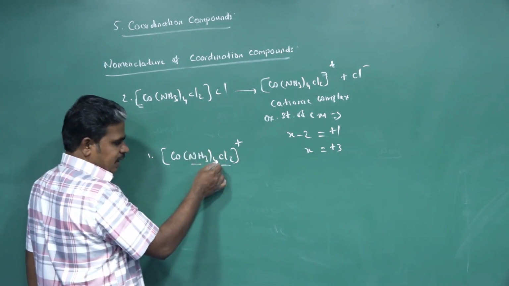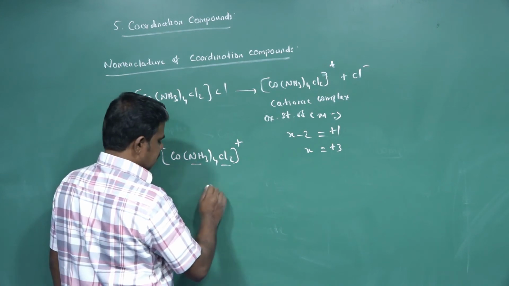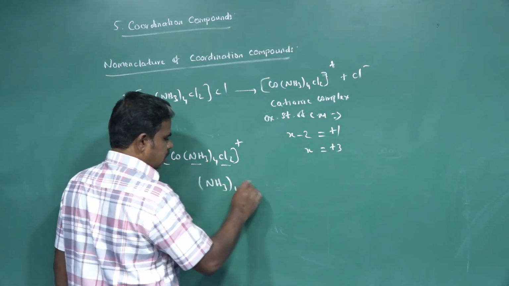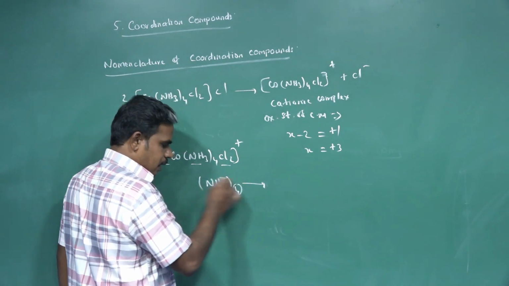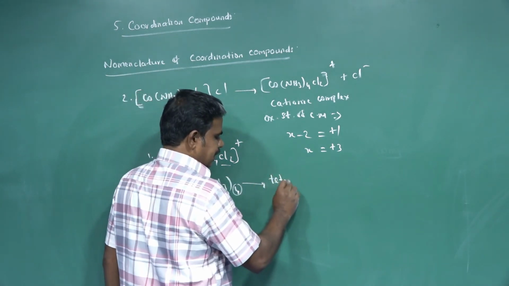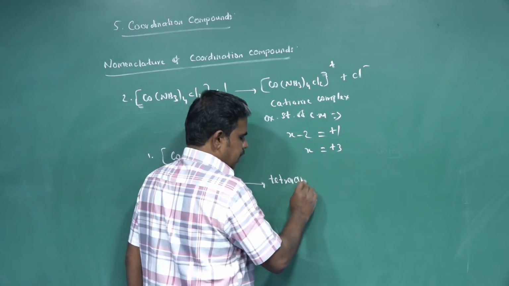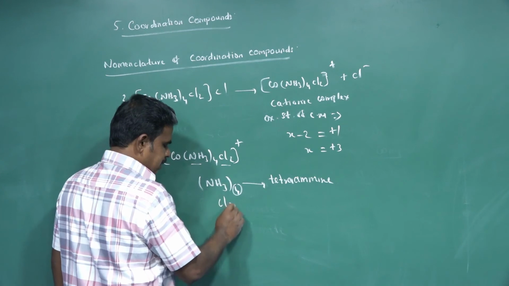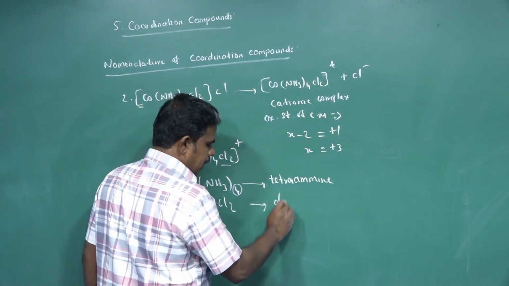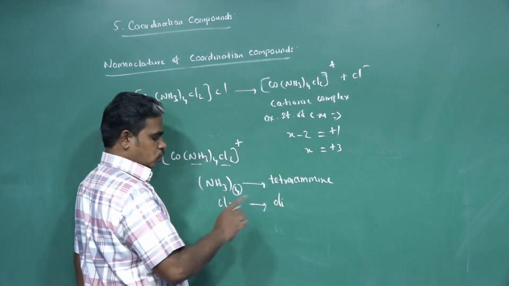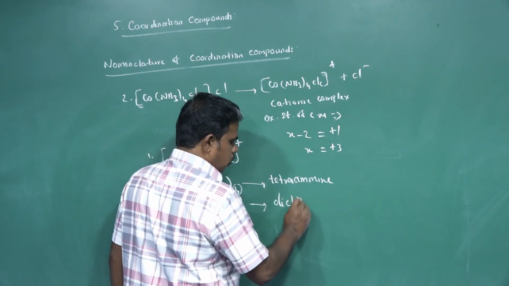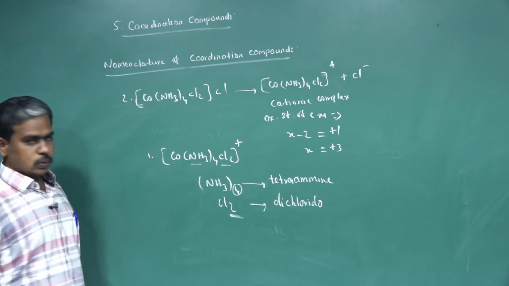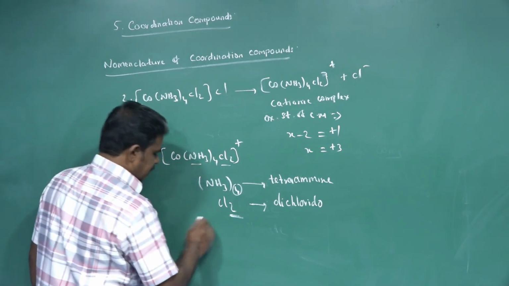So first we take the coordination number: NH3 four times, so it is tetraammine. Now here it is Cl2, so di, and chlorido. So tetraamminedichlorido. Now the central metal atom.